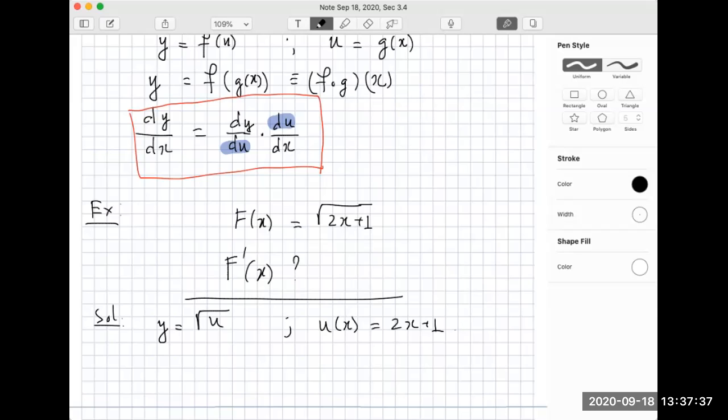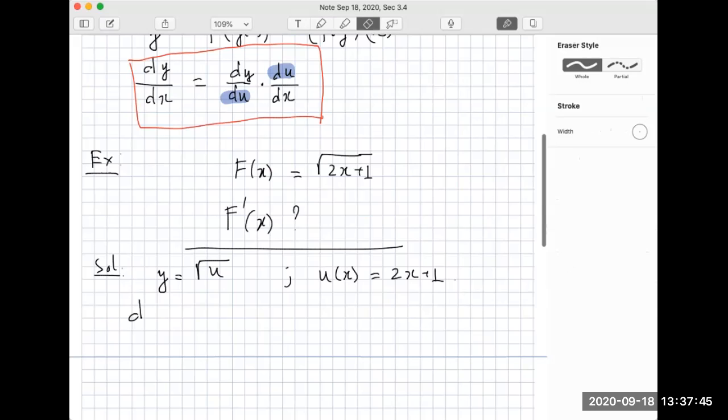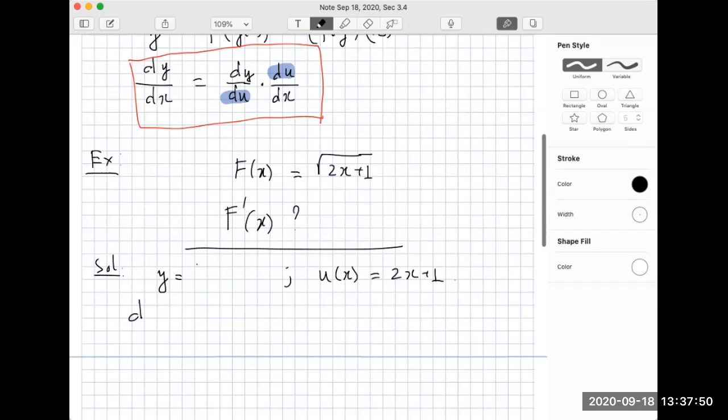Okay, then what we need to do is to compute. So imagine y here is capital F of x. If we write it this way, f of u, which is square root of u, right?